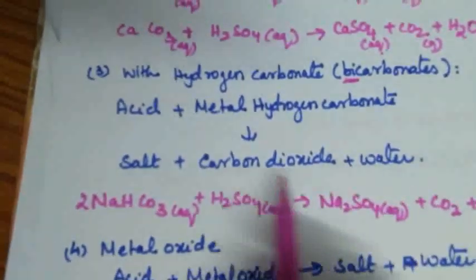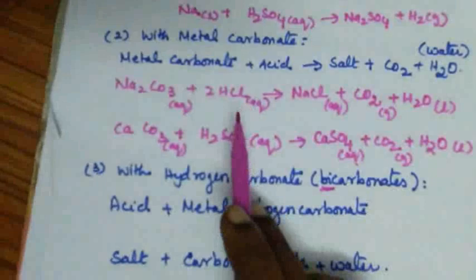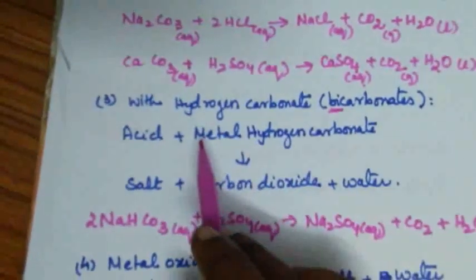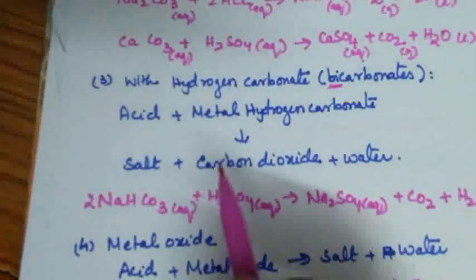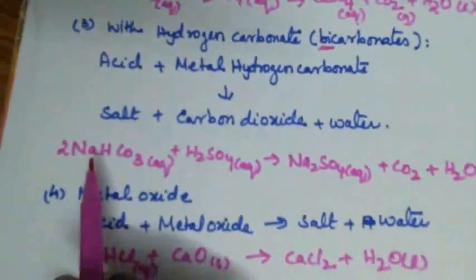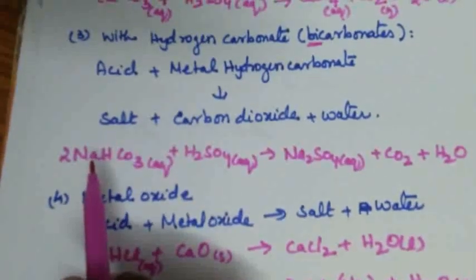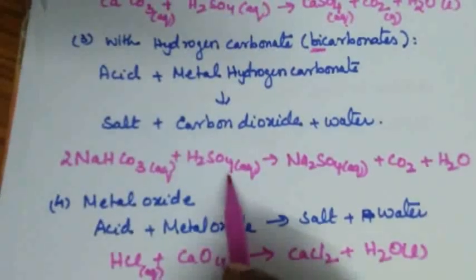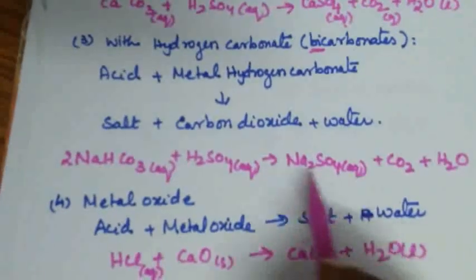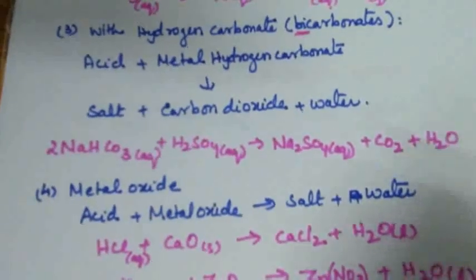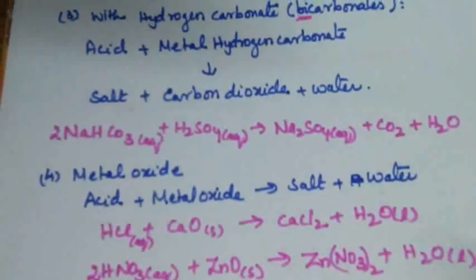See, the product is the same as above, but here the substance is metal hydrogen carbonate. So let us take an example. Sodium bicarbonate plus sulfuric acid gives you sodium sulfate, that is the salt, and carbon dioxide and water. What easy steps.